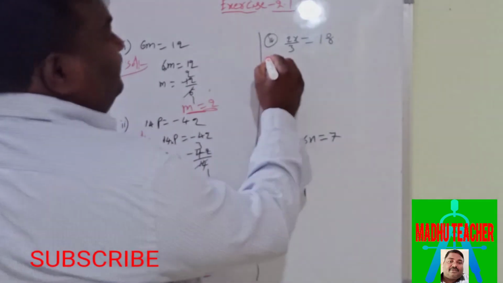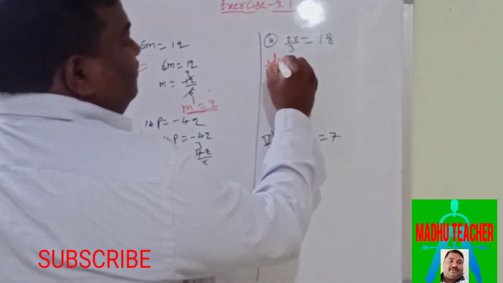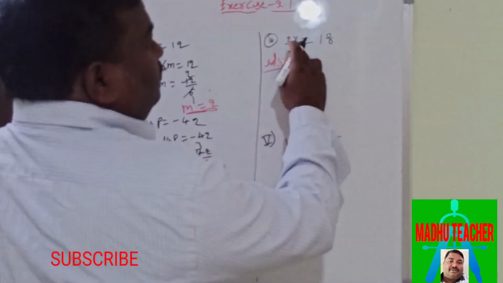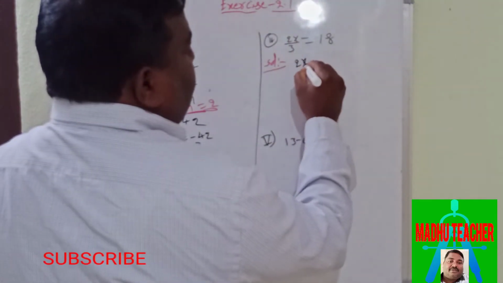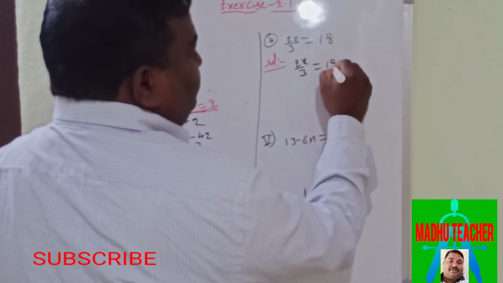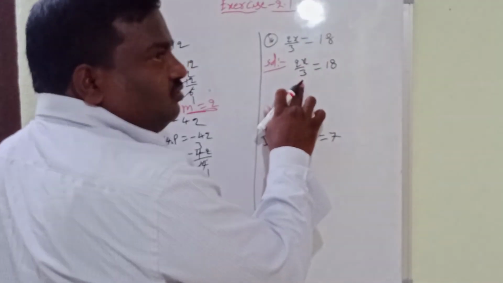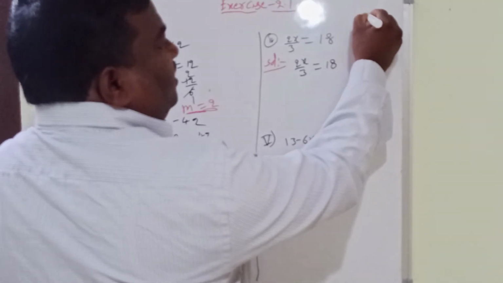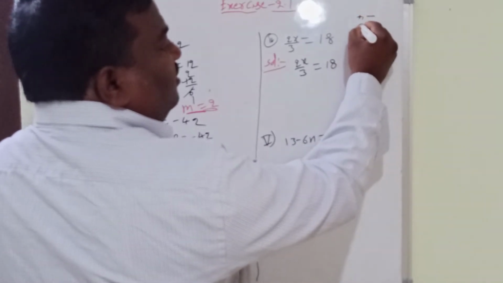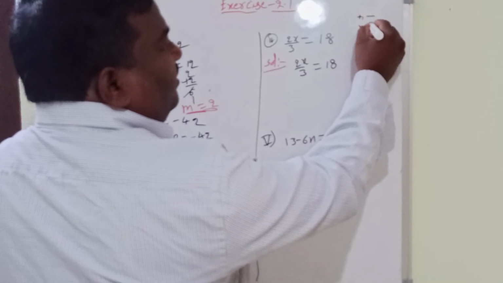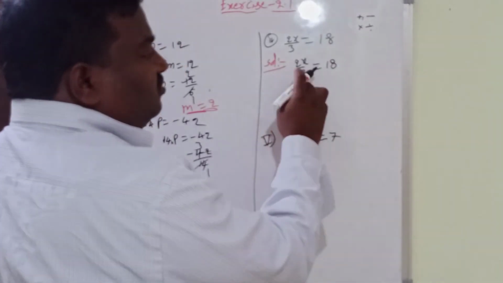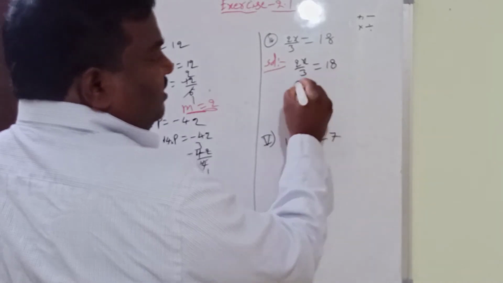Next one is here 2x by 3 equal to 18. Okay, if you have more than one constants, first you have to transpose plus and minus, then into and divided by. Okay, so in this we can take any one of these two. So I am taking first by 3.